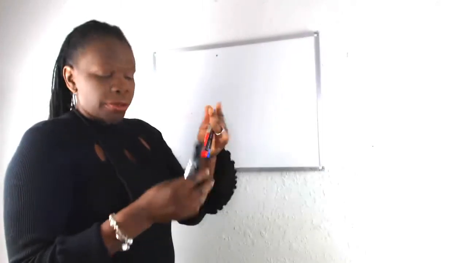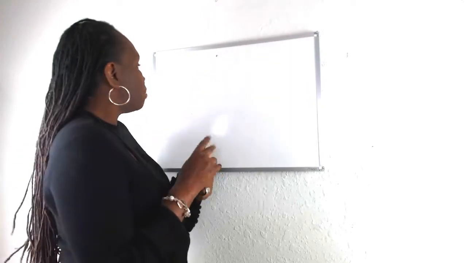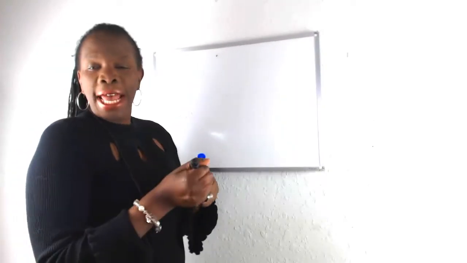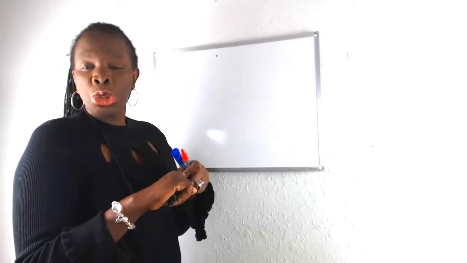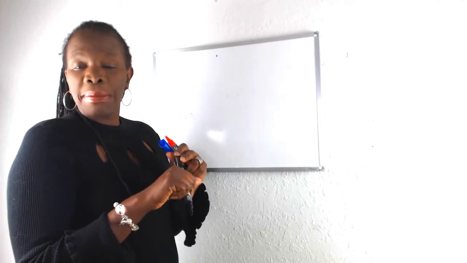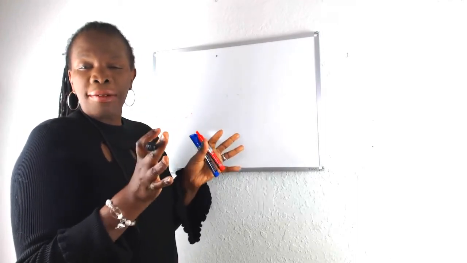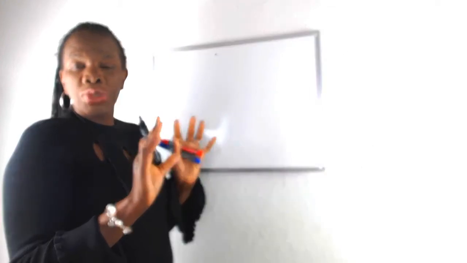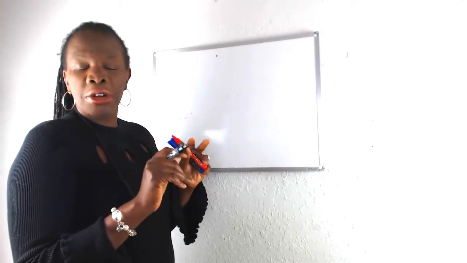I'm going to be using these three colors here, and let's start with black. The first thing that you want to do is go to ebay.com and sign up for an account, a seller account.